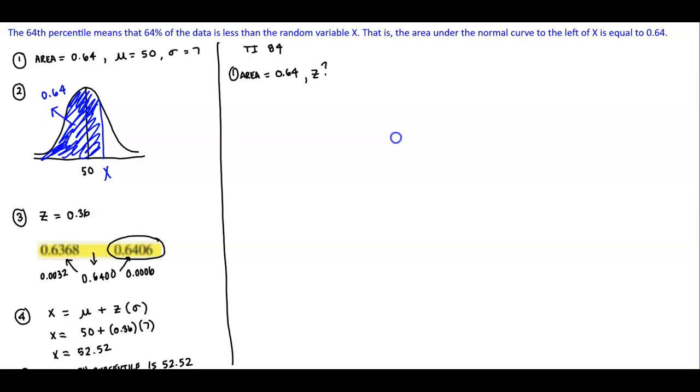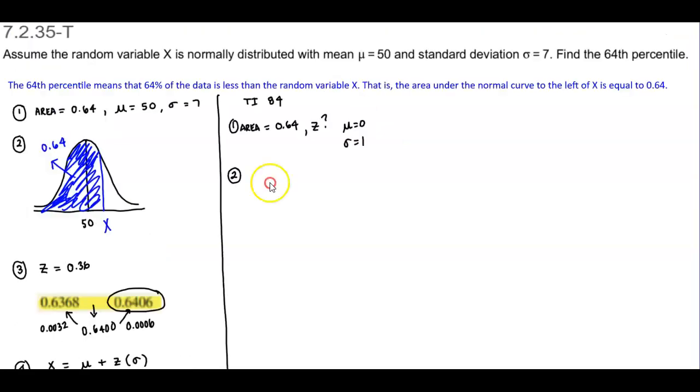When you're looking for the z-score, our mean is going to be 0 and our standard deviation is going to be 1. How do we find the z-score? We're going to use the inverse norm, INV norm, with an area of 0.64, a mean of 0, and a standard deviation of 1.